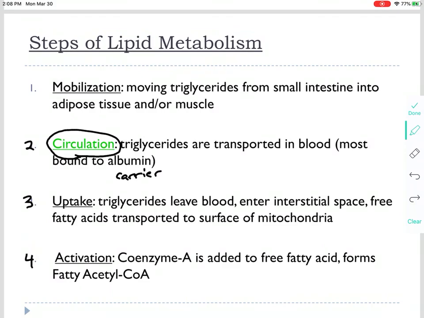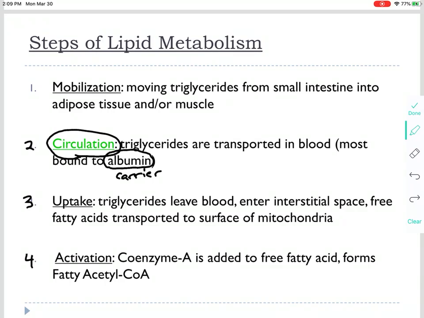Glucose can just be transported by itself, but fat cannot. So in order to be circulated in the blood, because lipids can't dissolve in the plasma, triglycerides need a carrier. And most often, they're going to be carried by that plasma protein called albumin.